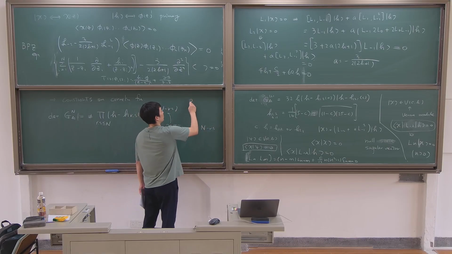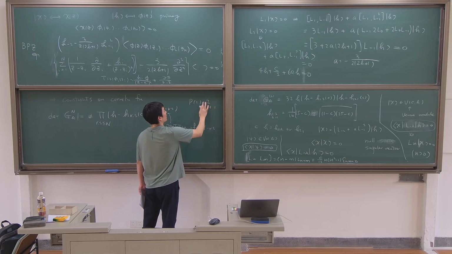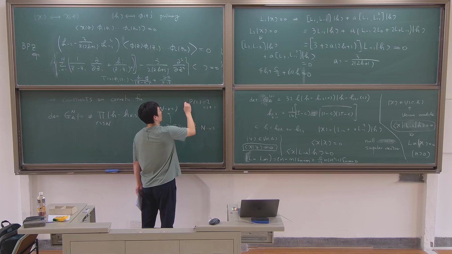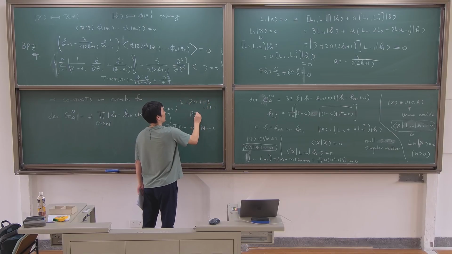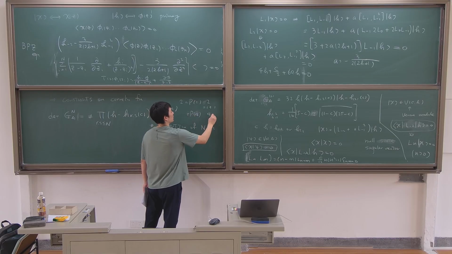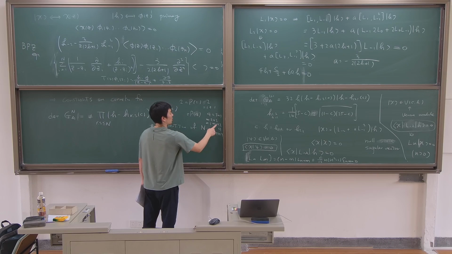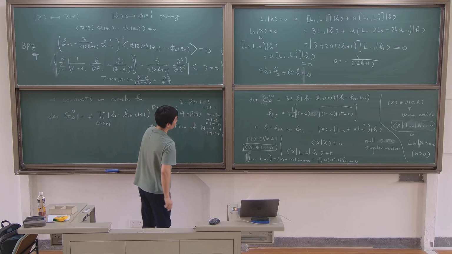So p2 is either 2 or 1 plus 1, so therefore it is 2. p3, let's do the non-trivial one: p4. 4 is equal to 4, 3 plus 1, 2 plus 2, 2 plus 1 plus 1, and 1 plus 1 plus 1 plus 1, so 1, 2, 3, 4, 5.